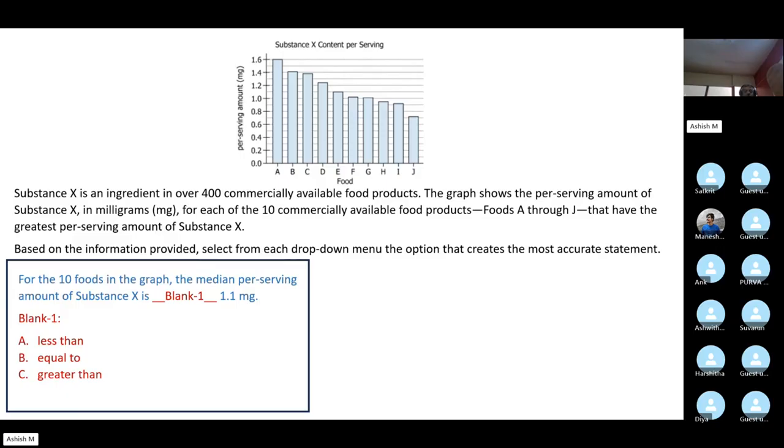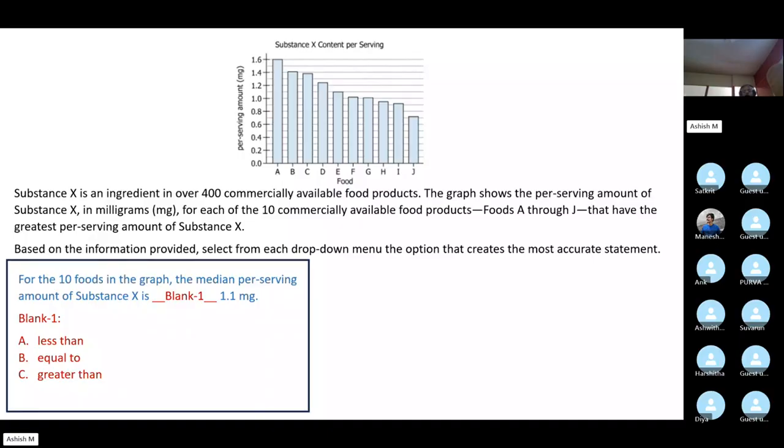The median per serving amount of X is dash. So by the way, substance X is used in how many commercially available food products? 400.